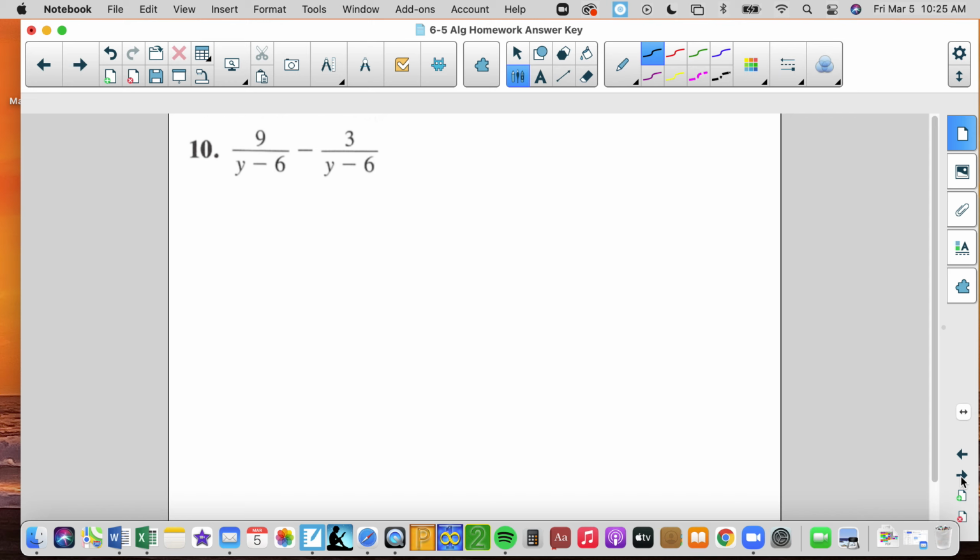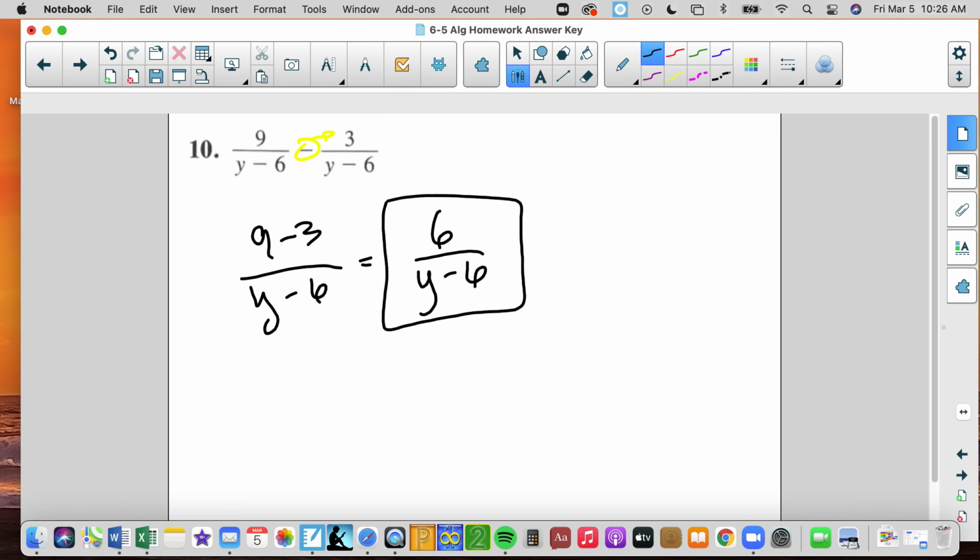Okay, we're going to attach that negative. So we have 9 minus 3 over y minus 6. 9 minus 3 is 6 over y minus 6. The 6's cannot cancel because that 6 in the denominator is being subtracted from y. There's nothing we can factor. There's nothing we can cancel. So that would be our answer.